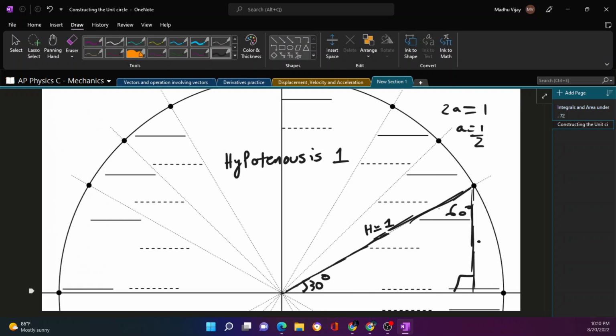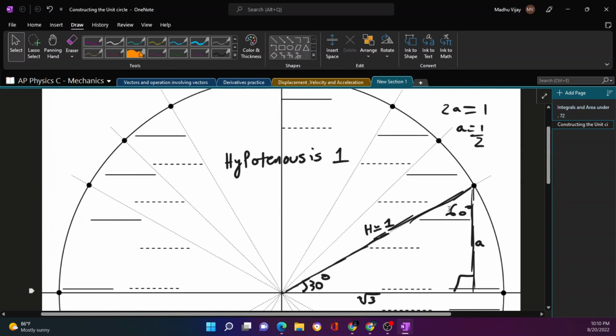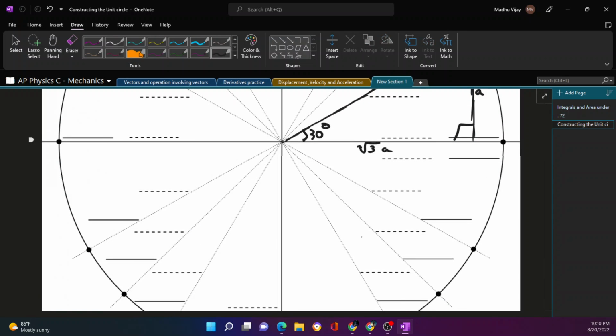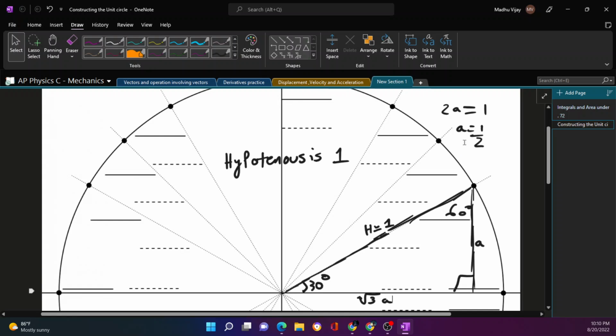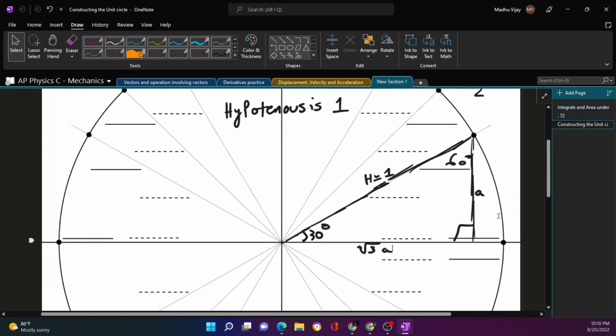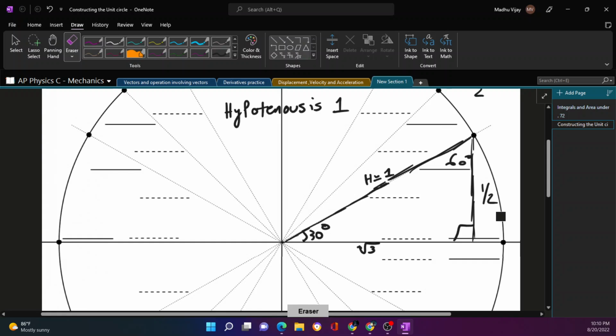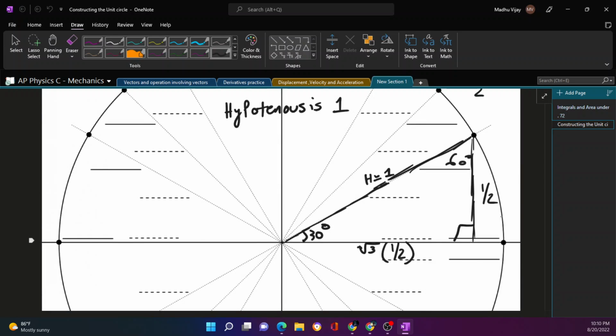This side is just a, and this side is square root of 3 times a. We know that a is 1/2, so we can replace this a with 1/2, and replace this with square root of 3 times 1/2, which is equal to square root of 3 over 2.